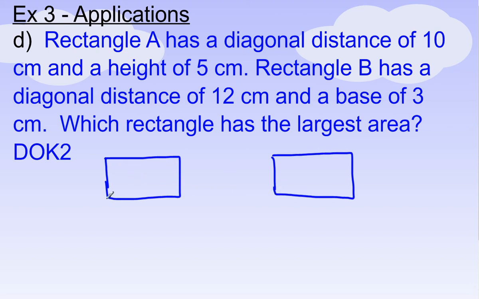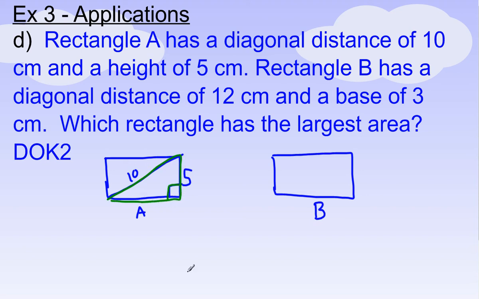So here's rectangle A, rectangle B. Rectangle A has a diagonal distance of 10 centimeters and a height of 5 centimeters. Look, a right triangle: hypotenuse, leg, leg.